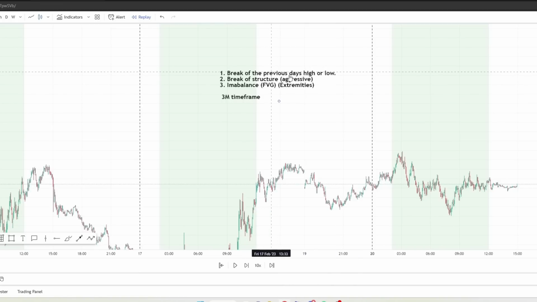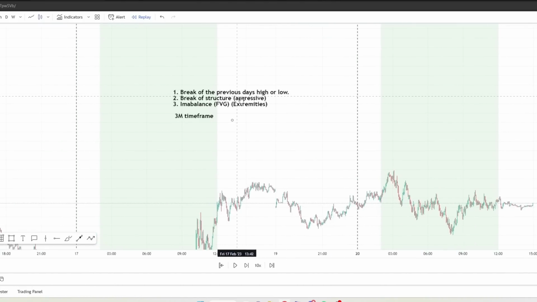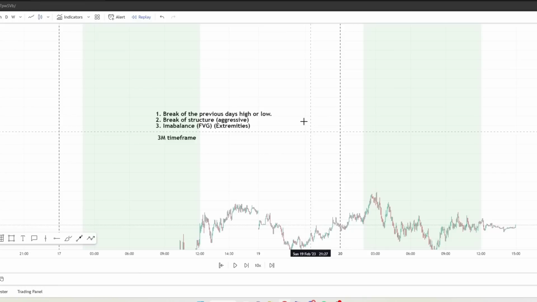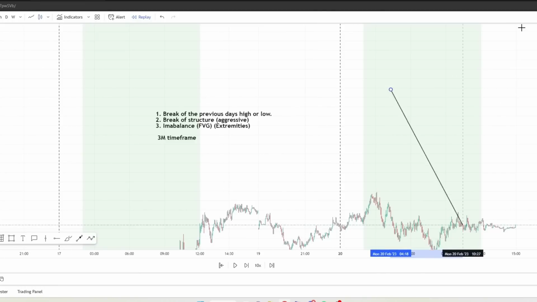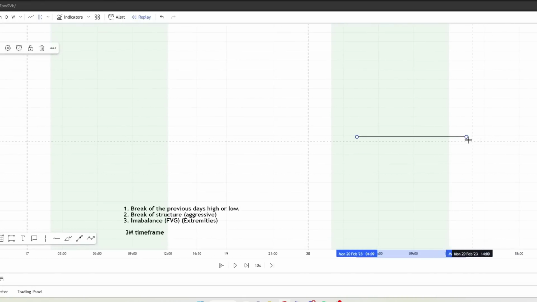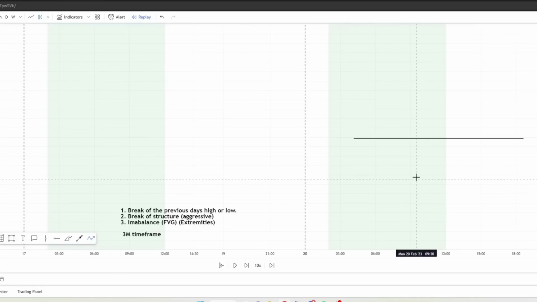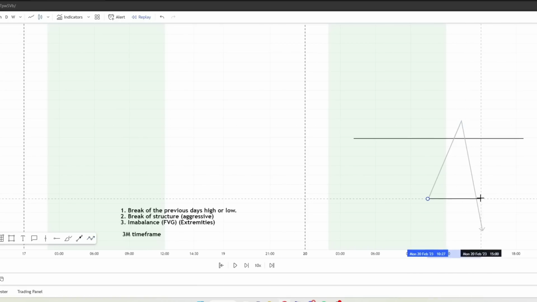And then once that happens, okay, we are looking for a break of structure in the other direction. So if this is, for example, your daily high of the previous day, we are looking for a liquidity grab of that high, okay, and then we're looking for price to come in the other direction and take out the low that took out this high.